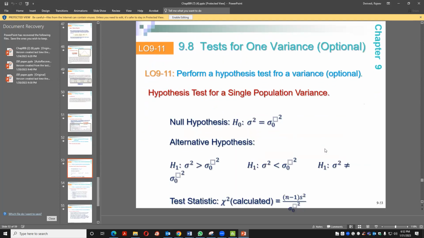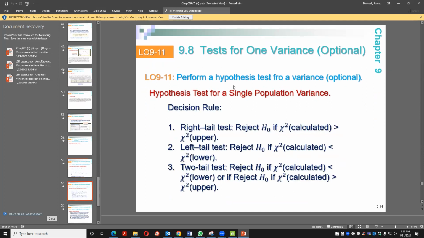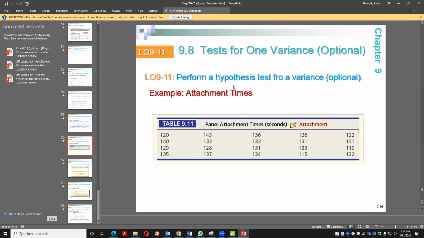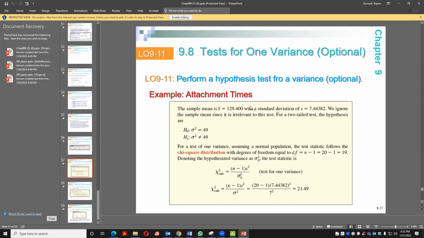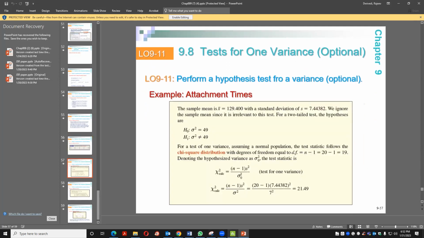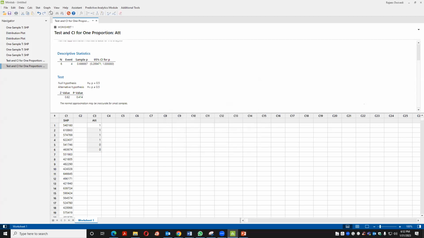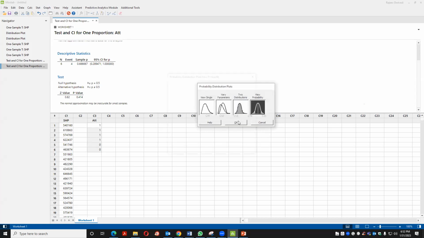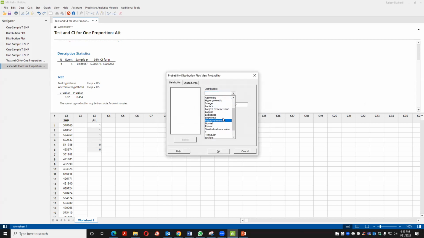Last thing, for mean and proportion, the last option is for variance or standard deviation. For that purpose, we do the chi-square test. I think somebody asked about a chi-square question, about degrees of freedom. You just go and run the graph here, probability distribution, and instead of that, you do chi-square, degrees of freedom.